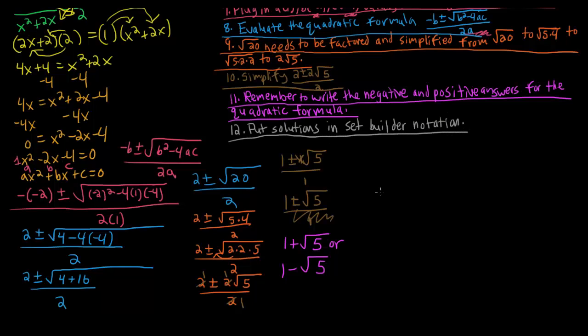So take out our braces, also called curly brackets. You put 1 plus square root of 5, comma, 1 minus square root of 5 inside another curly bracket, and that's your answer in set builder notation.